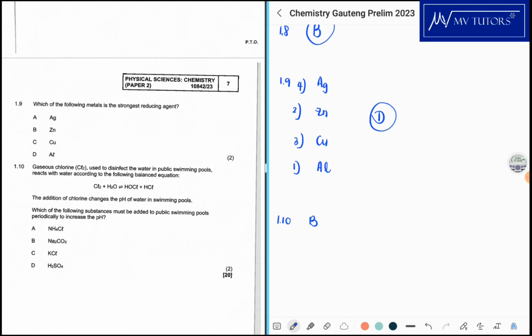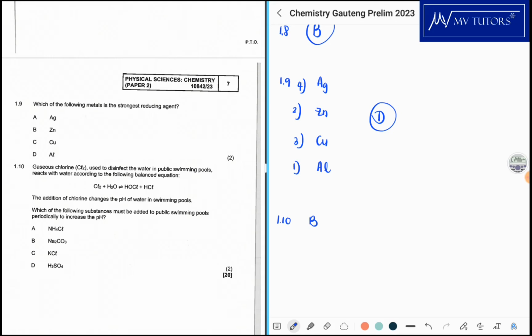So what about the potassium chloride? Is it more on the acidic side or more on the basic side? What I would choose is basically the sodium carbonate. Even though the carbonate is more of a weak base, I think it's fine.